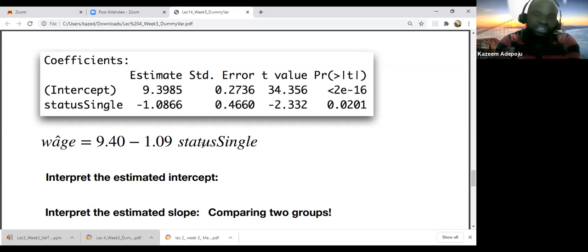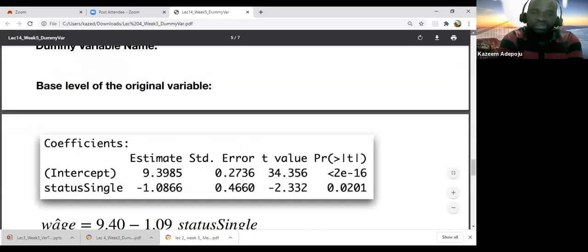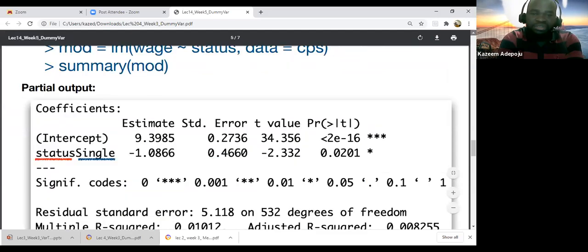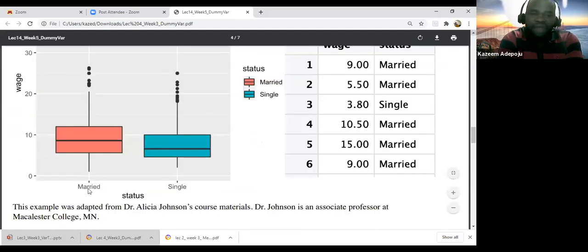But when you are switching it, this will not be single. Let me tell you what is done here right now. When status equals 0, the 0 here is for married. Here our married is 0, and the single is 1. I'm going to say that again.